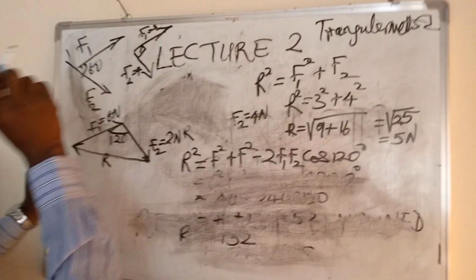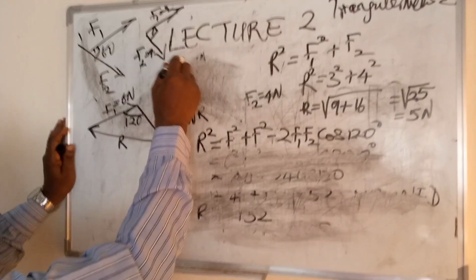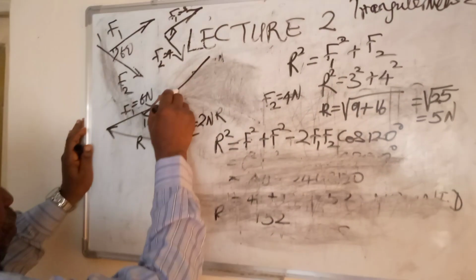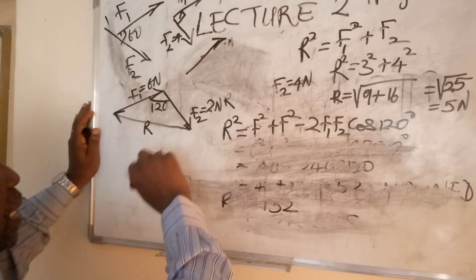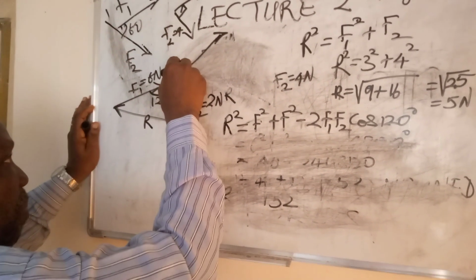Now, by rectangular method, look at the two forces. Because the angle between them is 90 degrees, we use a rectangular method.